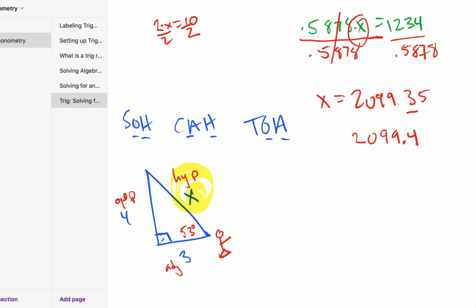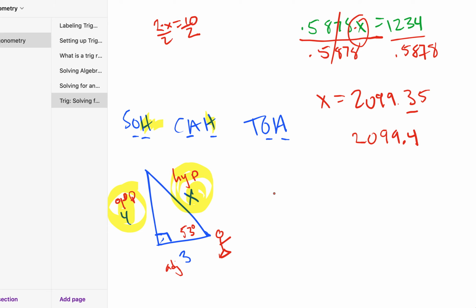So we really can use the hypotenuse, and that means adjacent we could use cosine, and for opposite we could use sine. I'll use sine. So I'm going to use the opposite and the hypotenuse. So you want to make sure to mark that.